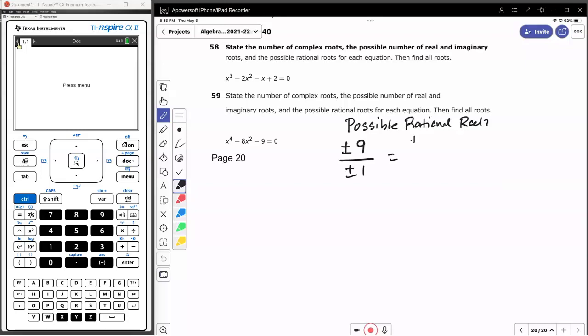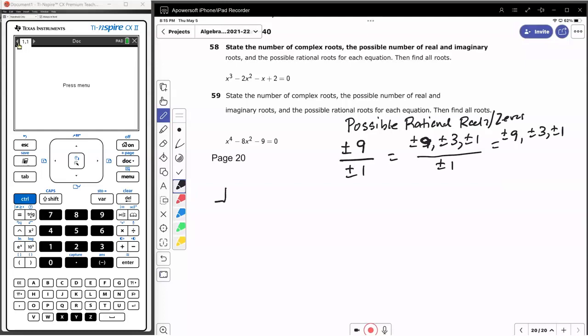We know the factors of 9 are going to be 9, 3, 1 divided by 1. So your factors are just 9, 3, and 1. We're going to use synthetic division to see if it's a possible zero. These are possible rational roots, zeros, right?